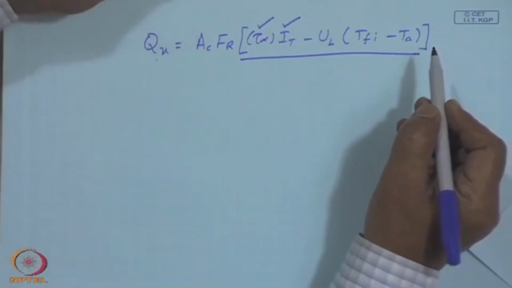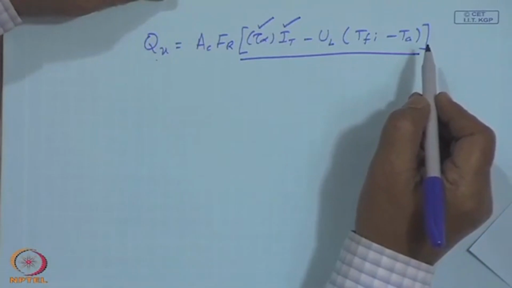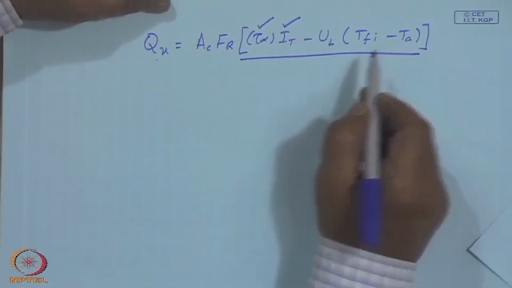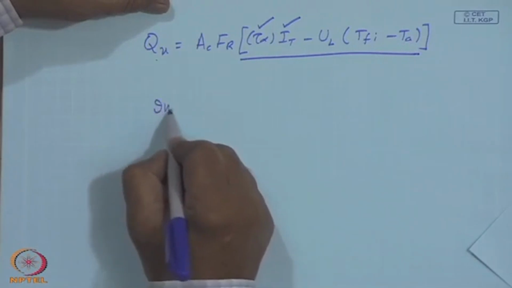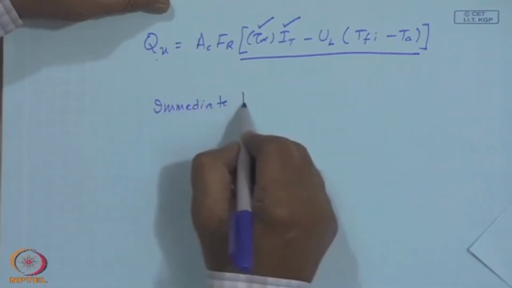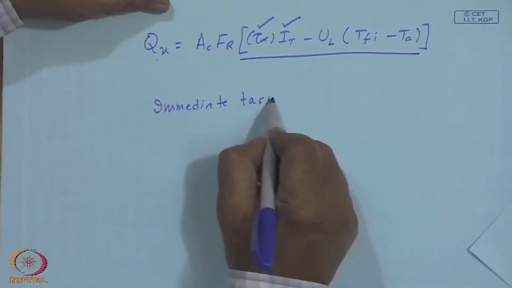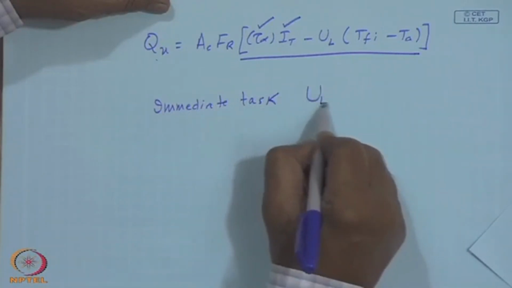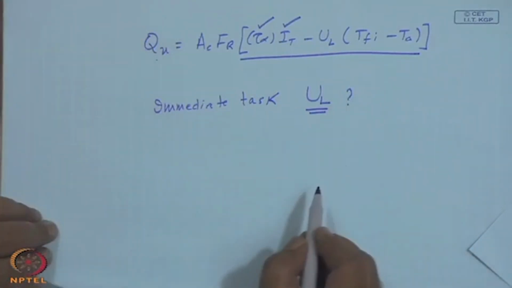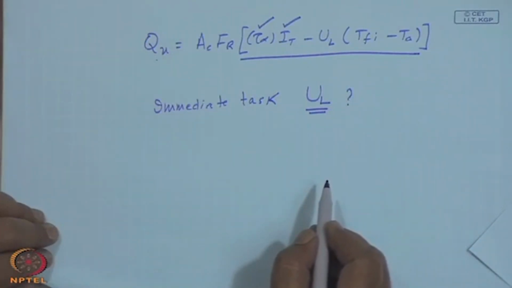Okay, it can be experimentally determined or it can be theoretically calculated, which we will see in a little while. But our immediate task is to find out how to calculate the overall loss coefficient U L.